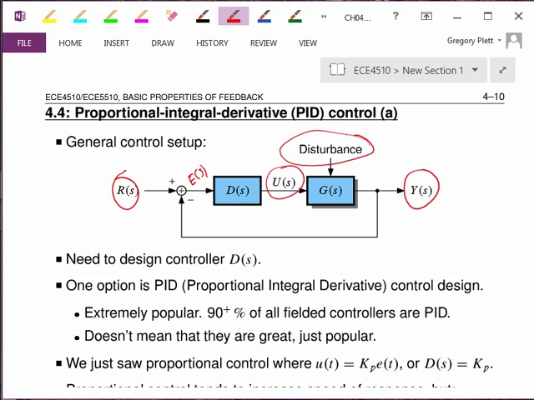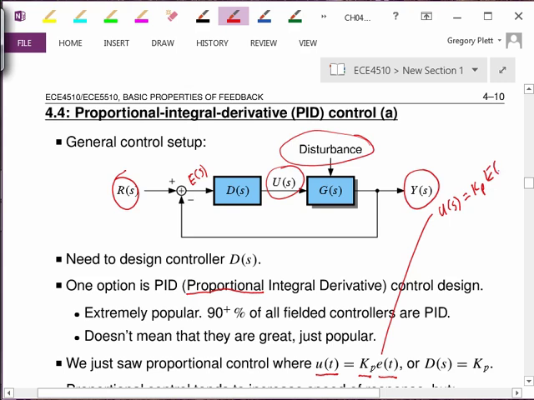We've looked at proportional control, and that's the P in proportional integral derivative. And now we can begin to explain why that's the case. We said in our control design, our feedback design, let the control signal, the input to the plant, be proportional, be a constant times the error. And if we do Laplace transforms of this, this gives us U(s) equals Kp times E(s).